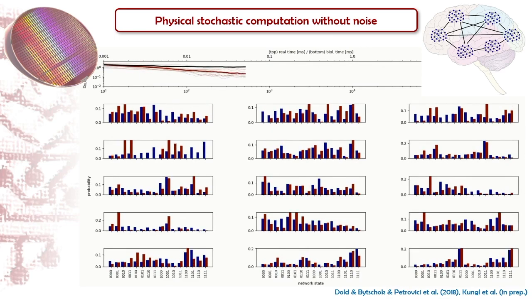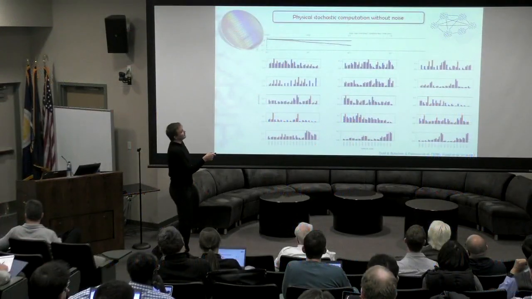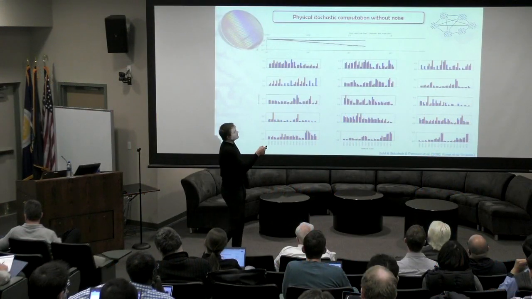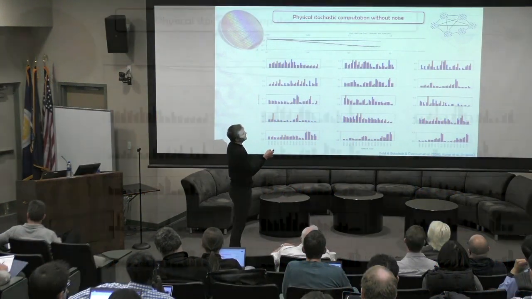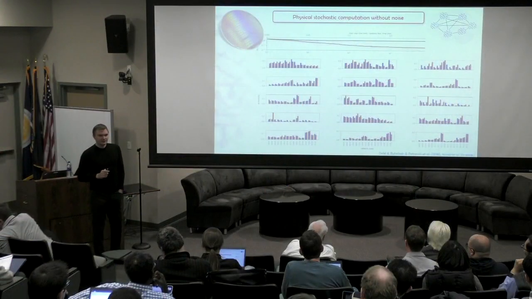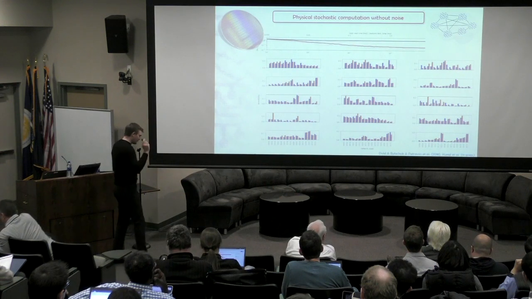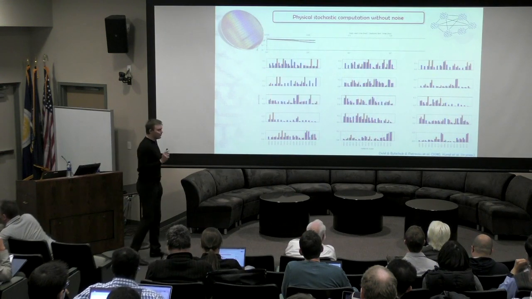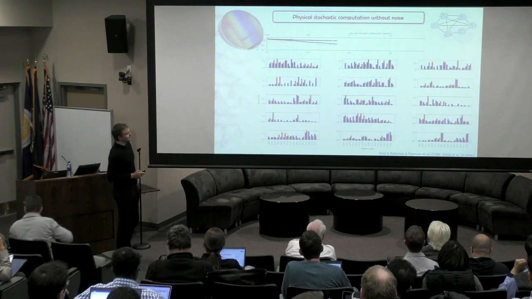I would like to draw your attention to the time scale over here. You cannot read the numbers. I'll read them out for you. The system converges on the scale of 10 to the 4th to 10 to the 5th milliseconds. So that's 10 to 100 seconds in biological time. In hardware, that's 1 to 10 milliseconds. So keep that in mind for the end of the talk, where I'm going to argue why neuromorphic hardware is important.